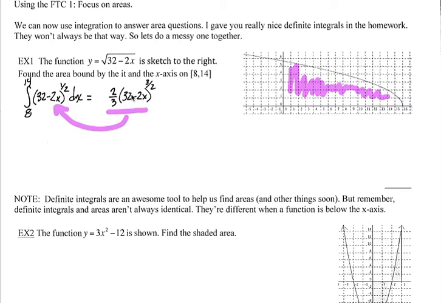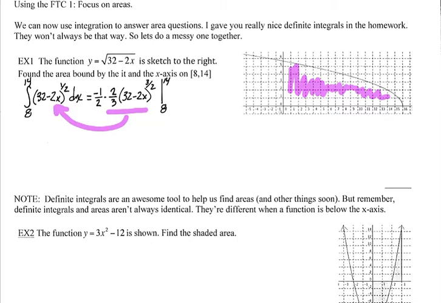The derivative of this is going to be -2. So to anticipate that, I'm going to additionally multiply by -1/2. And then all of this gets integrated from a low end of 8 to a high end of 14.